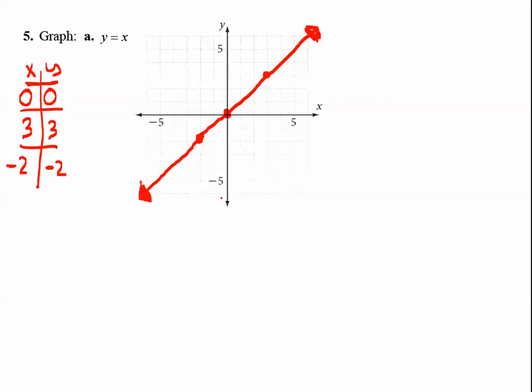Just write that in. And that's what makes this line special.